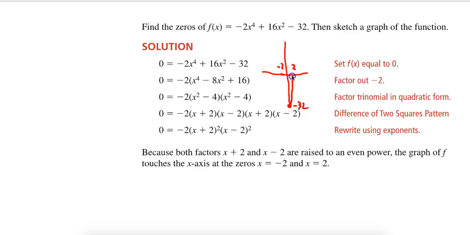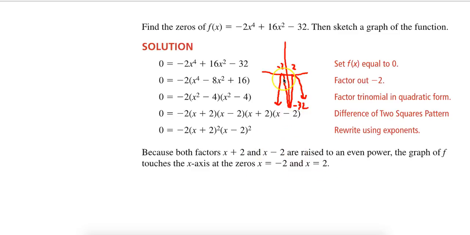Because our graph opens downward and touches at both negative 2 and positive 2, we know it's going to look something like this. The reason we know this is that the graph touches the x-axis at both negative 2 and positive 2, and doesn't touch it at any other point.